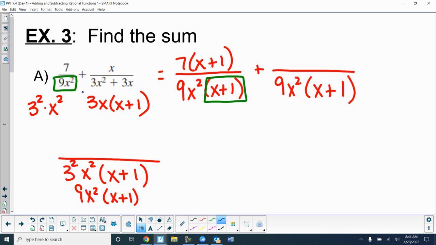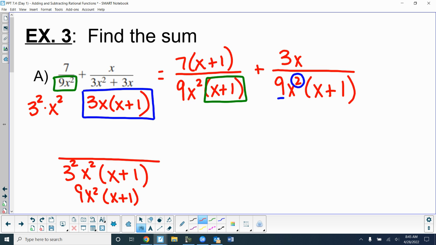So here's the original. What's different here? It's got to be squared. I multiplied the 3 by what to get 9? 3, right? I multiplied x by x.